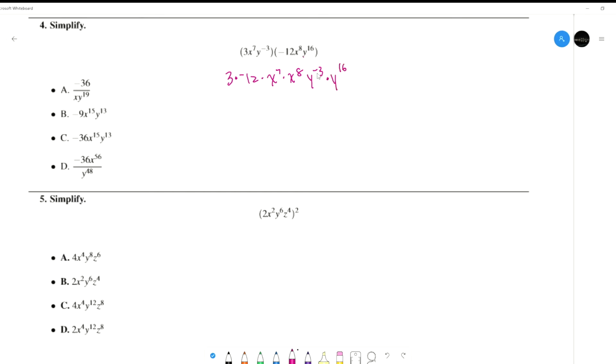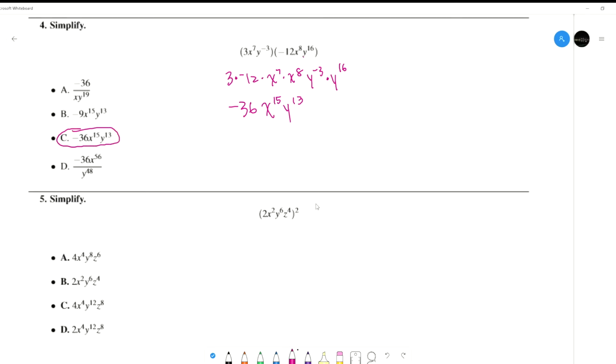I just reorganize them so it's easier to see. 3 times negative 12 is negative 36. X to the 7th times x to the 8th is x to the 7 plus 8, which is 15. Y to the negative 3 times y to the 16 is y to the positive 13. And that's our final answer. And that is C.